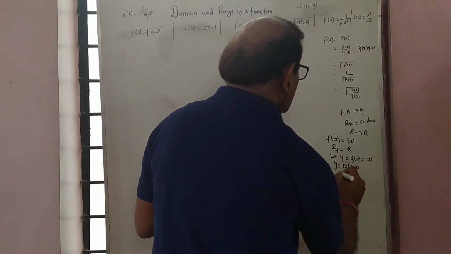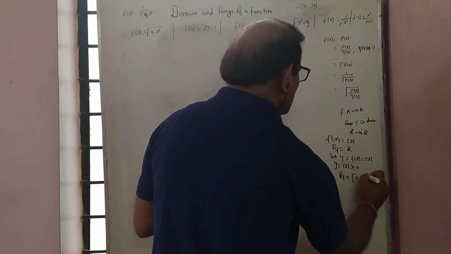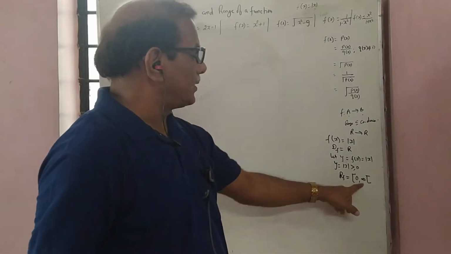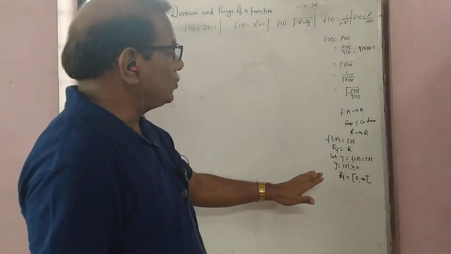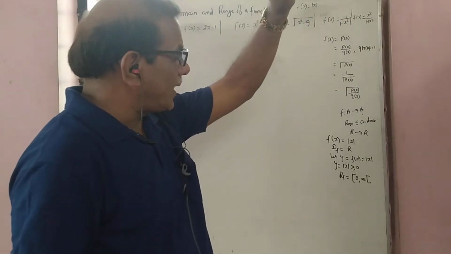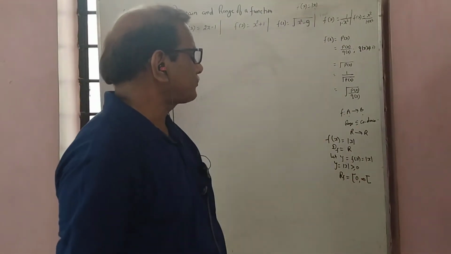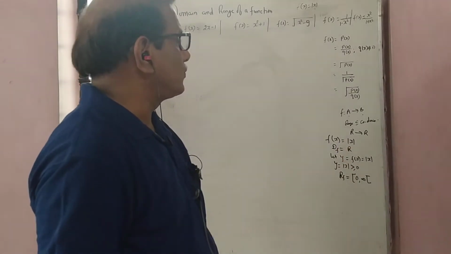The range of this function is 0 and onward, so 0 to infinity, and infinity is not included, so it is written as an interval, closed at 0 and open at infinity. You know what an interval is: 0 or more than 0, up to any very big number, that is infinity. So this is the domain for mod x, and this is the range for mod x.